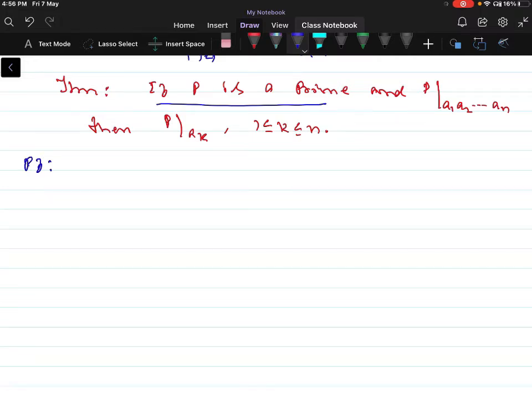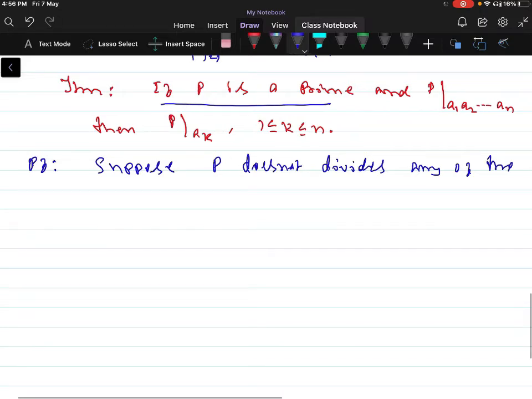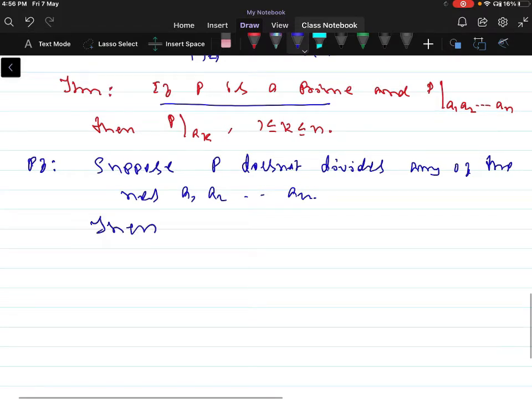To the proof, suppose p does not divide any of the numbers a1, a2 and so on an, then GCD of p with a1, a2 and so on an is equal to 1.